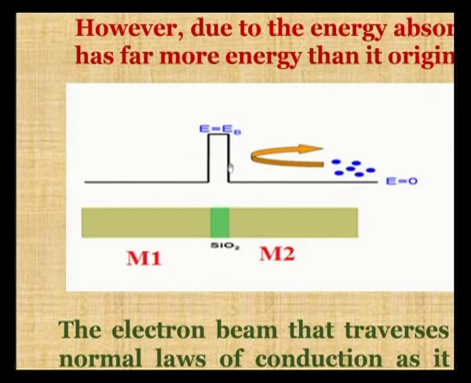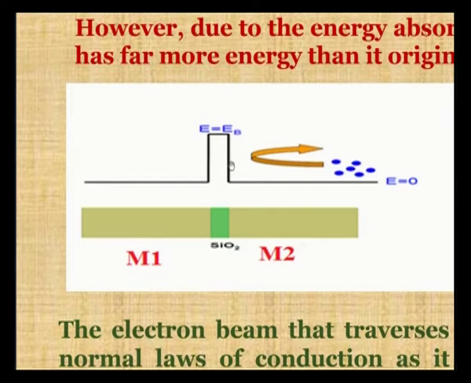That is the tunneling effect, because some electrons will be absorbed, some electrons will pass through this barrier, and some of the electrons will reflect back, absorbing the energy surrounding them. So, the electrons that reflect back from the barrier will have higher energy than before, due to the reflection and also the absorption of energy from the surroundings.